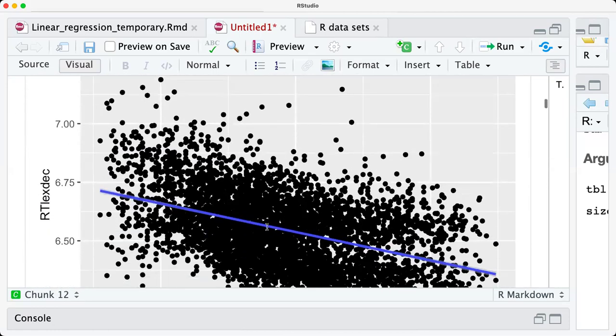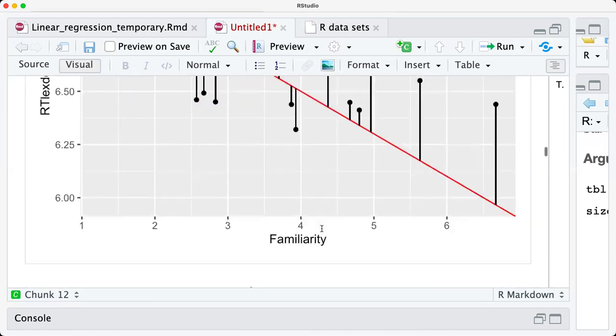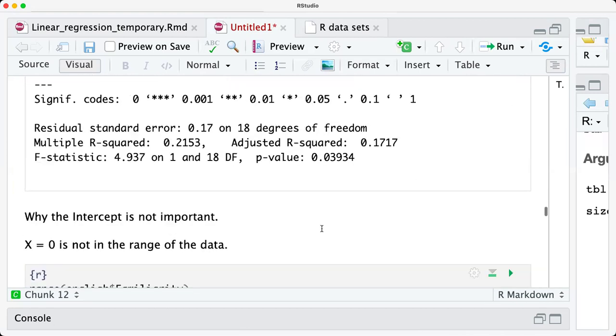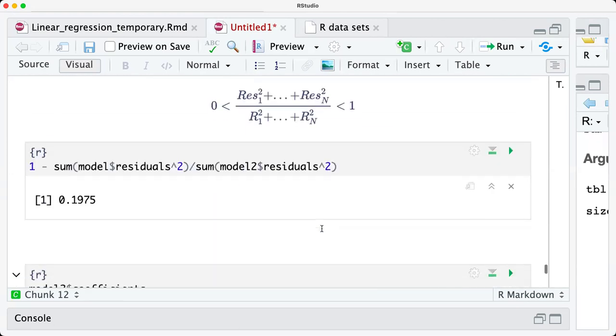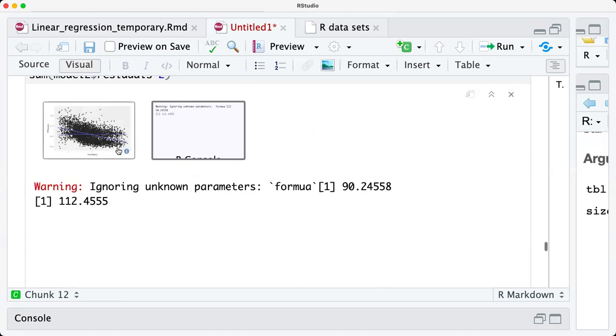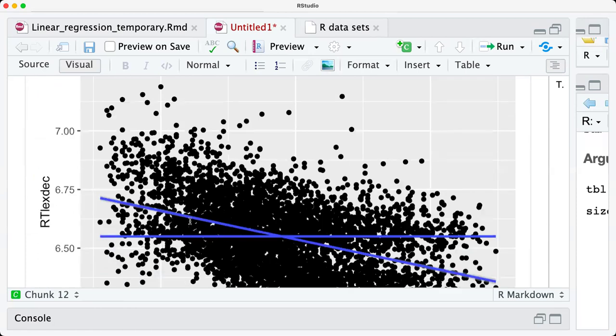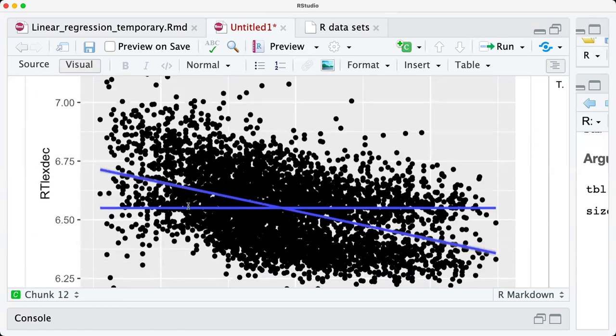So if you go here, on the horizontal line, if we take the residuals and we square them and we sum them, we'll obtain the variance.